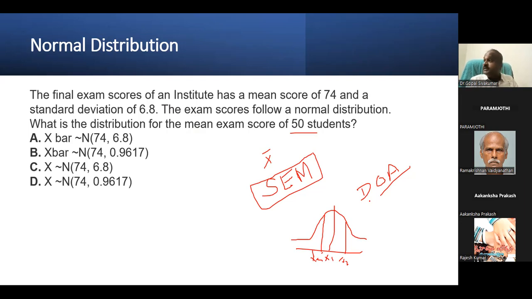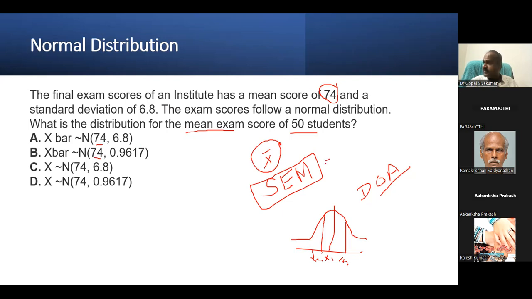Now we are also talking about the distribution of averages only. The beauty of the distribution of averages is that the average of all the subgroups will be very close to the population average. That is why you are seeing the same thing here, 74 and 74.